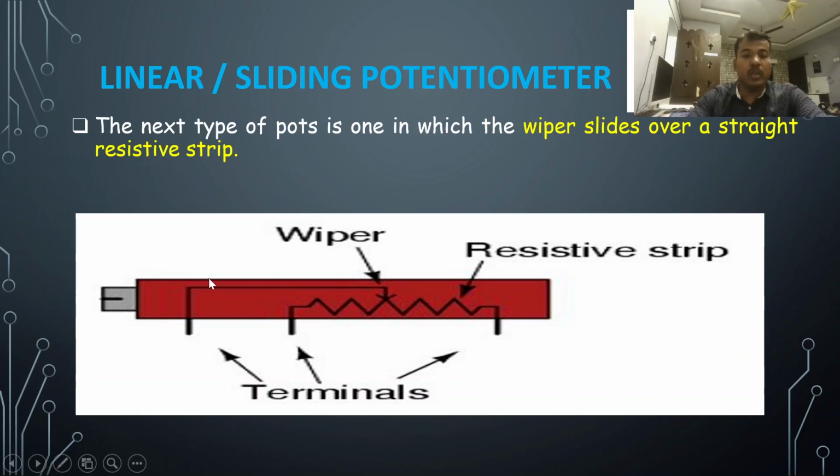If we move the wiper to the left side or right side, accordingly the resistivity changes, as there is a resistive strip at the bottom. Depending upon the movement of this wiper, we can find out the displacement, how far it has moved from the initial position. By finding this, we can find out the electrical property.